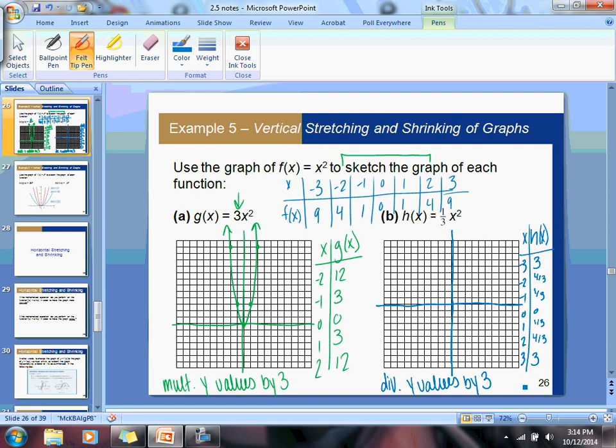You could have tried some other numbers besides the -3 and the +3 and find a y value that you know you can divide by 3. All right, so -3, 1, 2, 3, and then -2, and then 1 1/3. So you just kind of have to estimate where that is. And then -1, 1/3, and 0, 0, and then I've got my 1/3, 1 1/3, and then my 3.